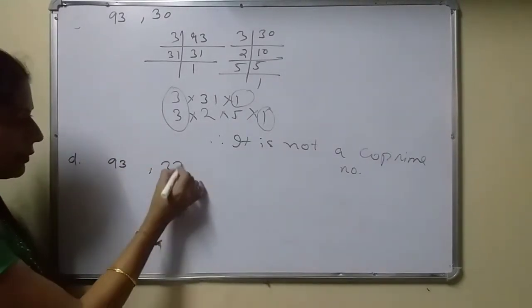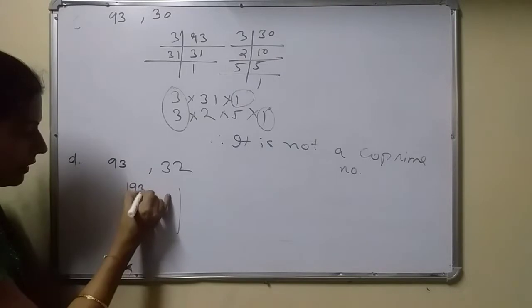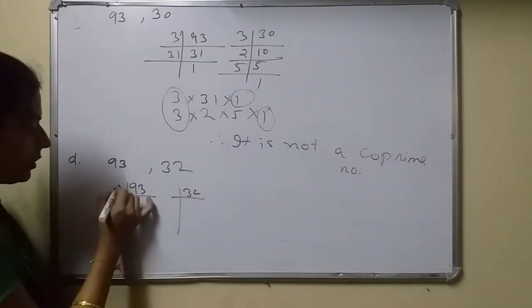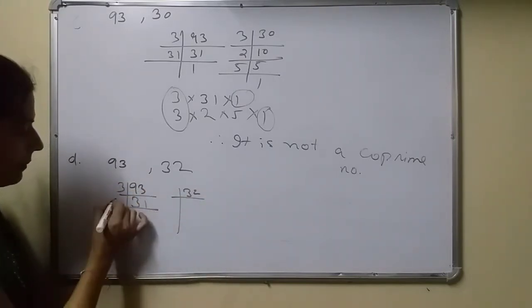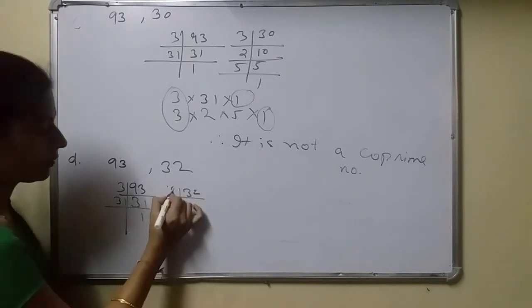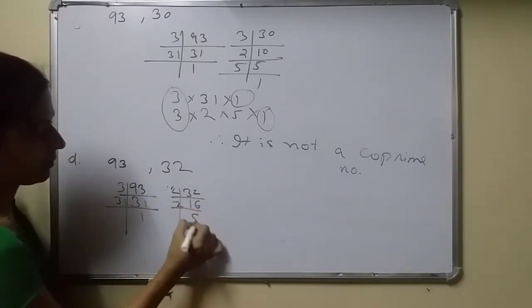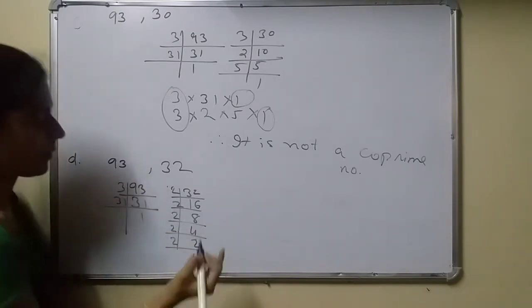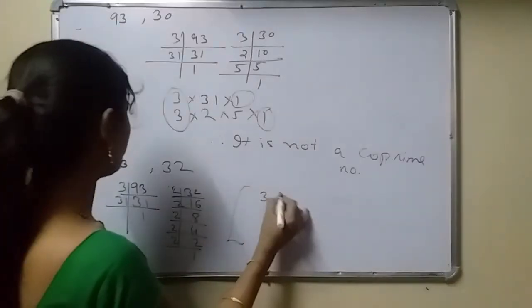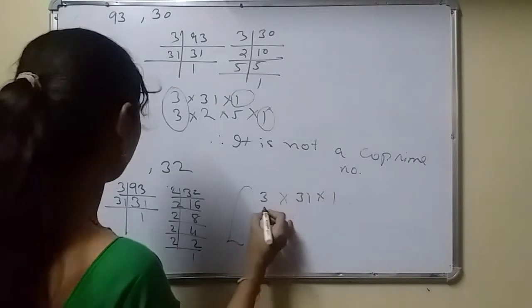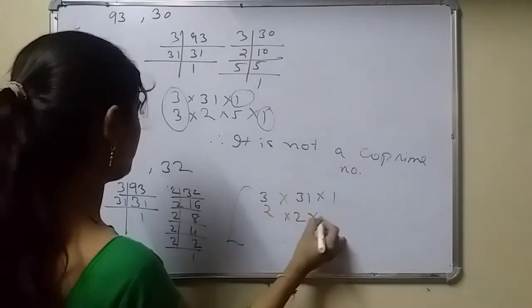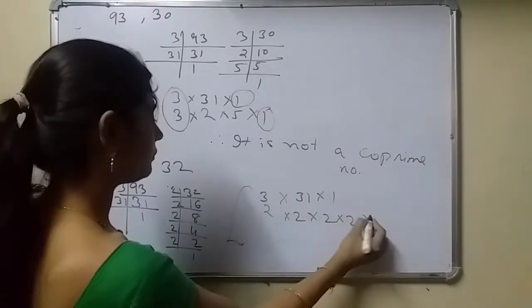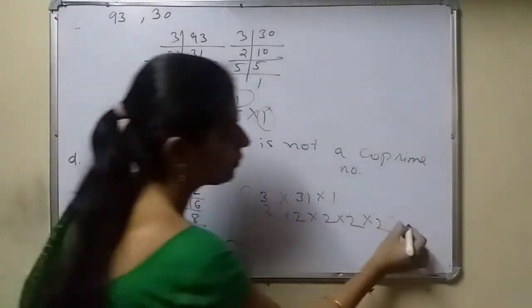Okay. See question number D. 93 and 32. 3 3s are 9, 3 1s are 3. Now see which common factors you got here. 3 into 31 into 1, and 2 into 2 into 2 into 2 into 2 into 1.